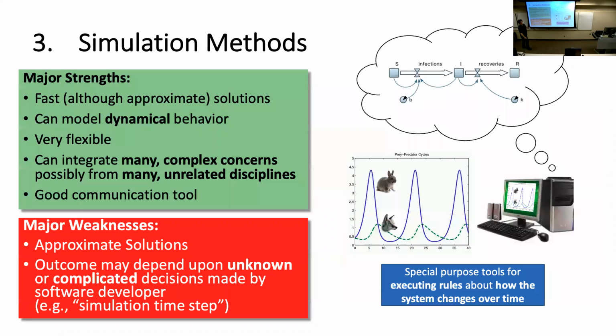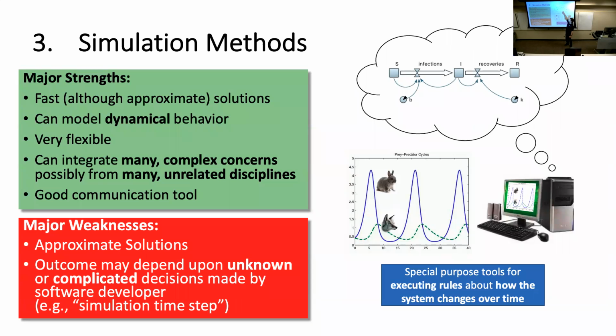So that's where we get to simulation models, where this up here is an example of an SIR model implemented in a tool like we're going to use in this class, where it's very clear to see the model. It's got a box for susceptibles, a box for infectious, a box for recovered. It shows how things transition from one to the other.